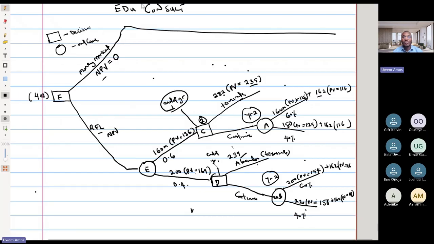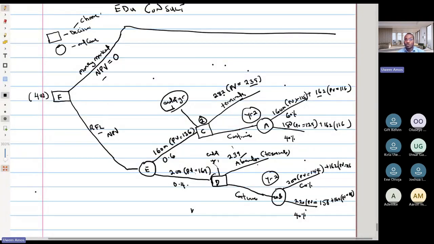So let's begin now by interpreting our result. When it's a decision point, it means that you have to choose. Whenever you have an outcome, you just have to calculate the value of that outcome. We're going to begin from right to left, like we explained in our previous class.